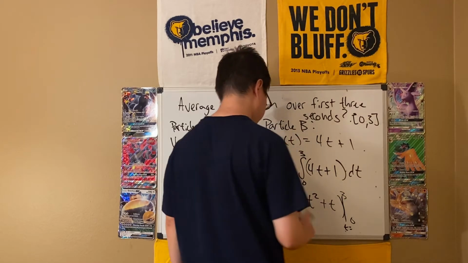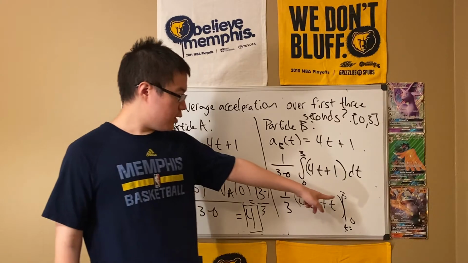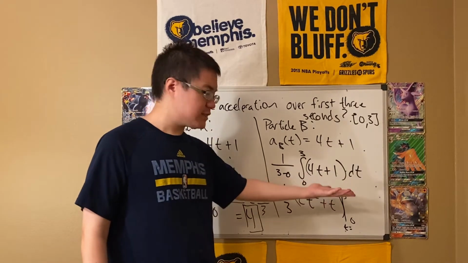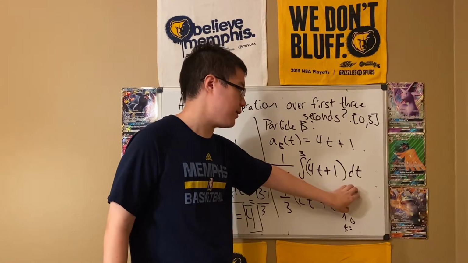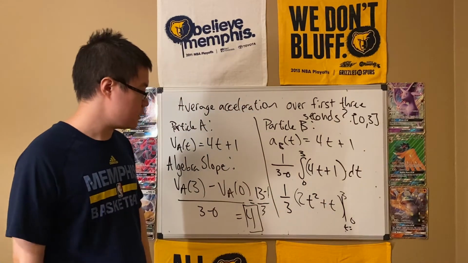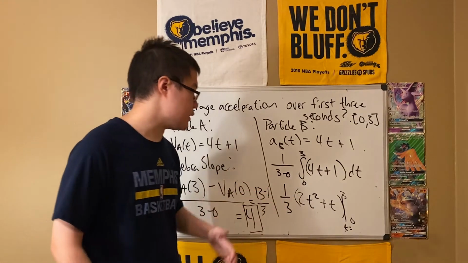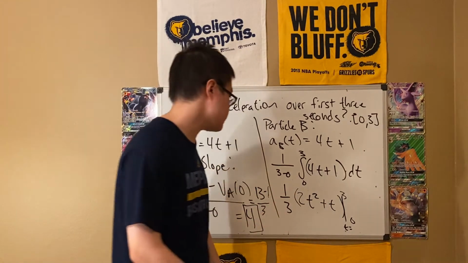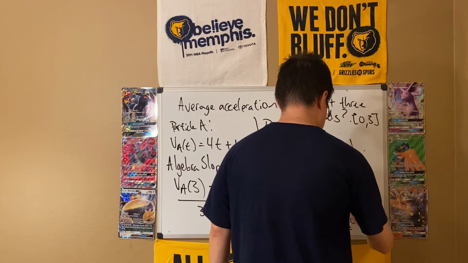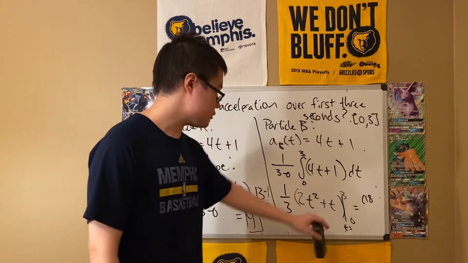At the very end, I could have been a little bit neater, but sometimes you sort of lose gas. It's still the fundamental theorem of calculus, so we're going to plug in the top number, and subtract, plug in the bottom number, being careful with parentheses. When you plug in 3, looks like we're going to get 9 times 2, which is 18. 18 plus, let's just write this out. So it's going to be 18 plus 3.